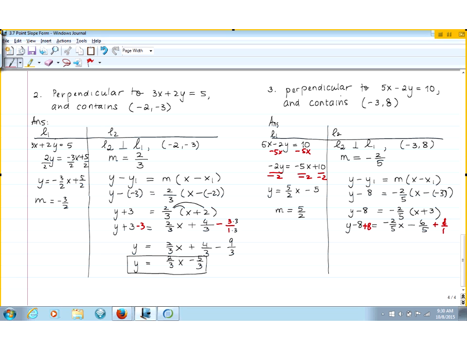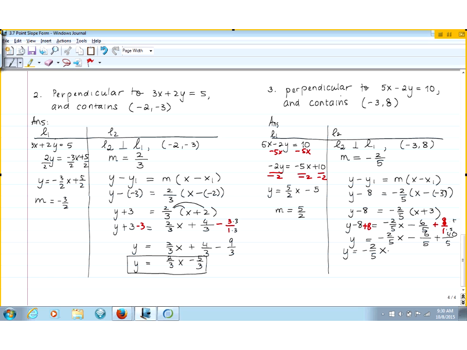Well, 8 is 8 over 1. So y is equal to negative 2 over 5x minus 6 over 5 plus 8 over 1. So how do I add these? LCD, yes. So this is 6 over 5. What about this? Multiply by 5, which is 40 over 5.